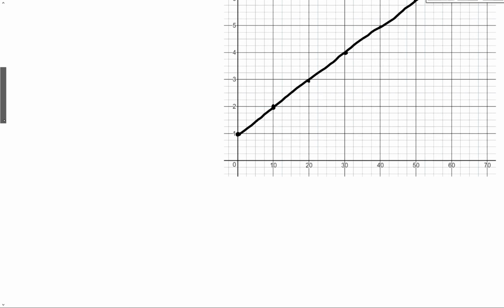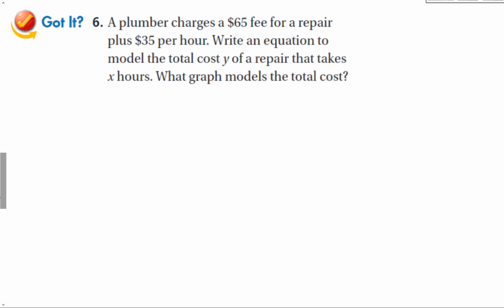One more. I got a problem. A plumber charges $65 for a repair plus $35 per hour. So the slope is going to be the amount of money that he charges per hour.